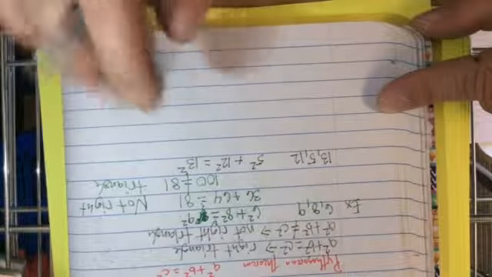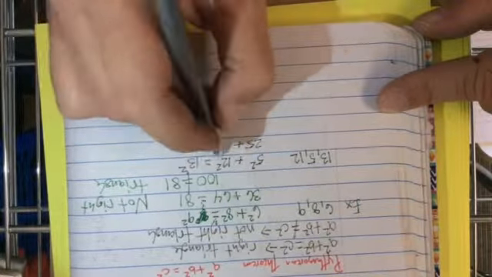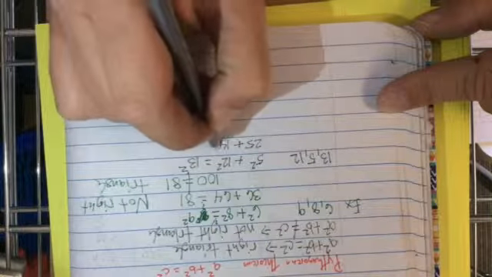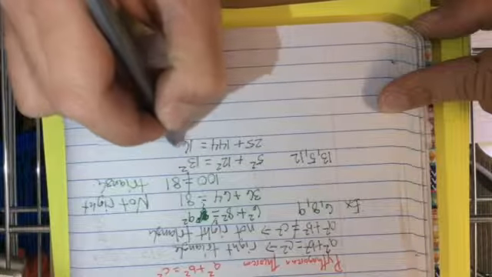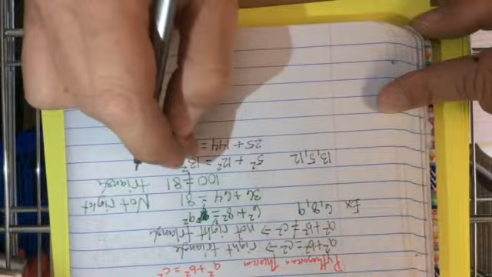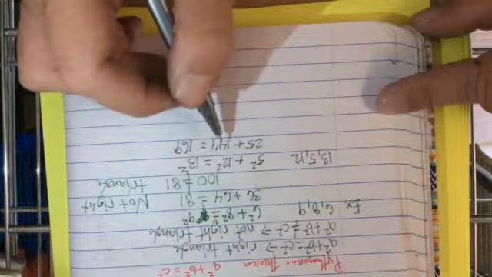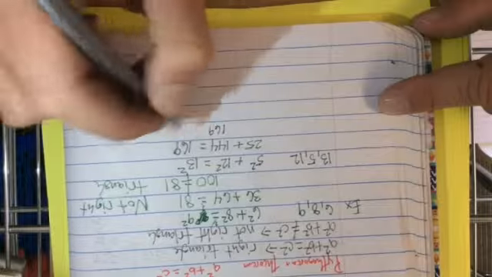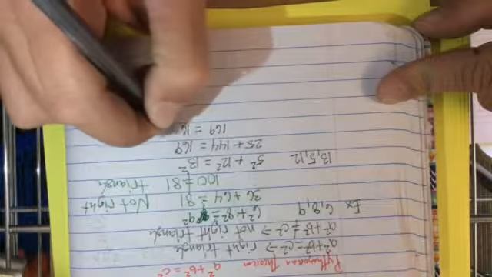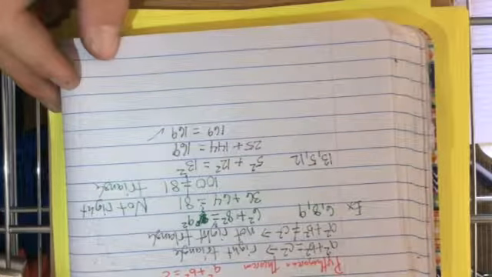So 5 squared is 25. 12 squared is 144. And 13 squared is 169. So 25 plus 144 equals 169. And that checks. Zach, face forward, please.